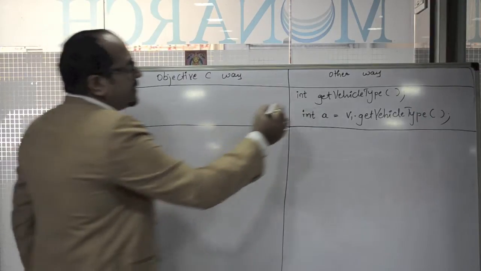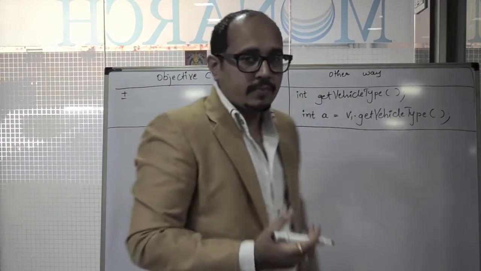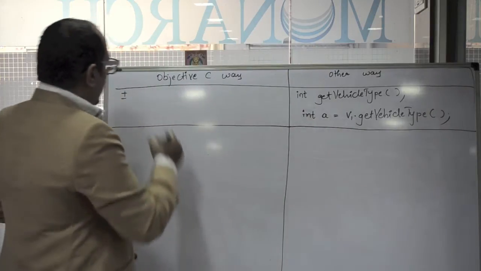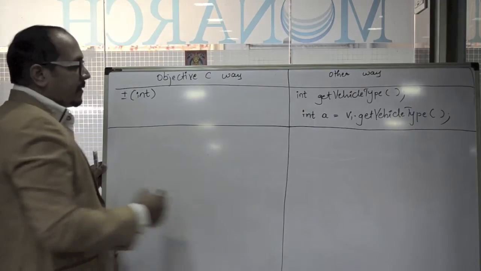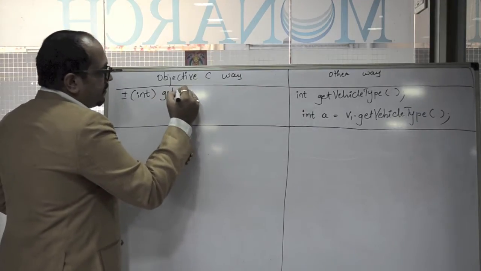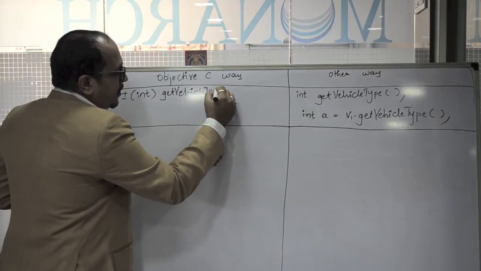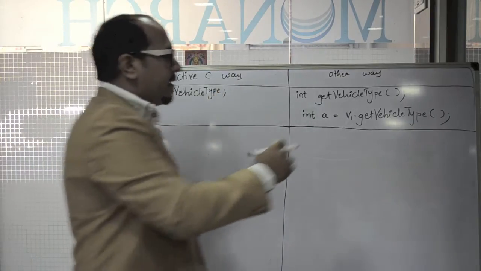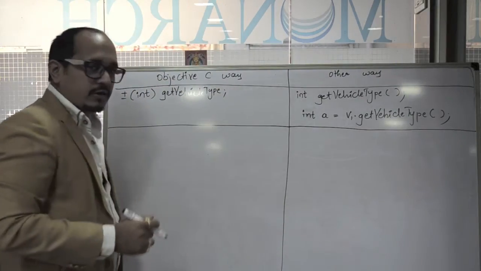All the data types, the return type or the data type of an argument, will be in round braces. So int, followed by the method name getVehicleType. No parentheses after the method name.